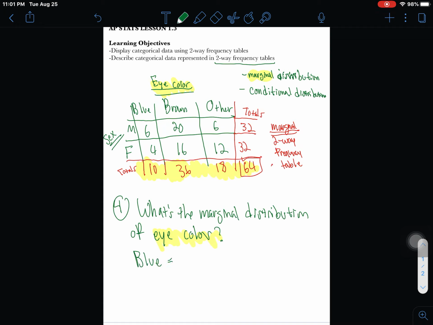Well, for blue, we had 10 out of 64. For brown, we had 36 out of 64. And for other, we had 18 out of 64.